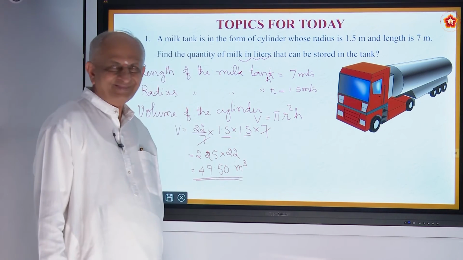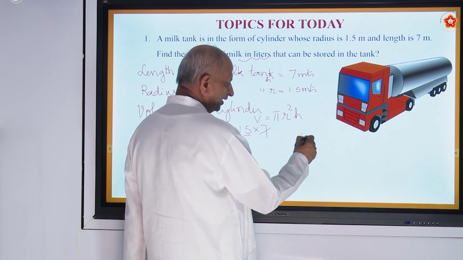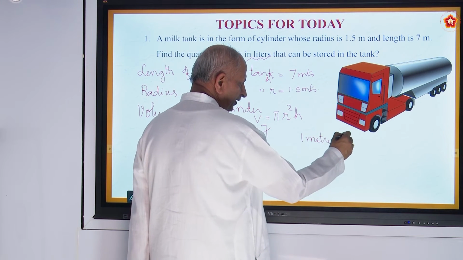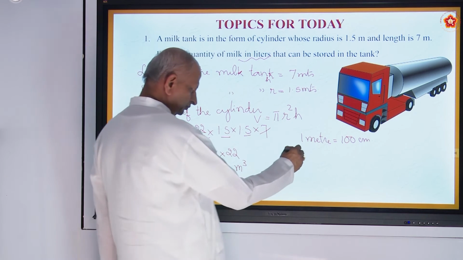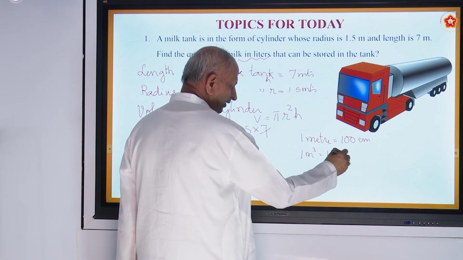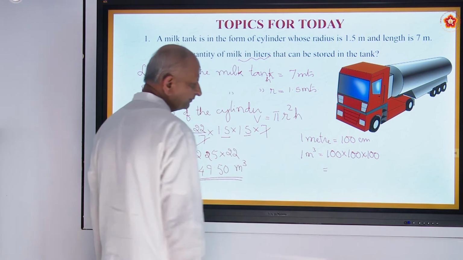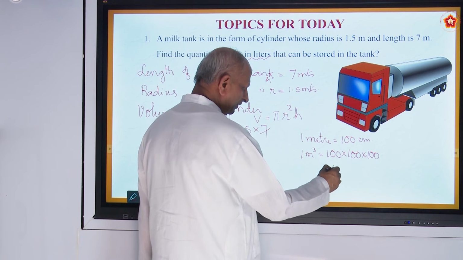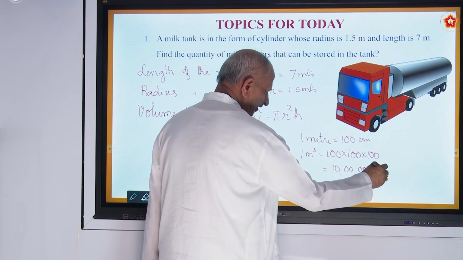So you have 49.50 meter cube. 1 meter is equal to how many centimeters? 100 centimeters, correct? Now meter cube you want. So 1 meter cube is equal to 100 into 100 into 100. That is how many zeros? 6 zeros. 6 zeros means it will be 10 lakh, so much of centimeter cube.